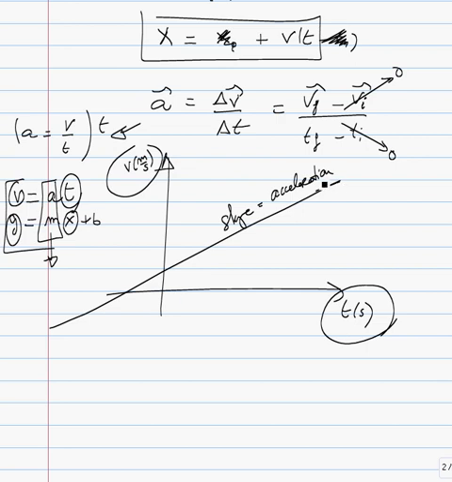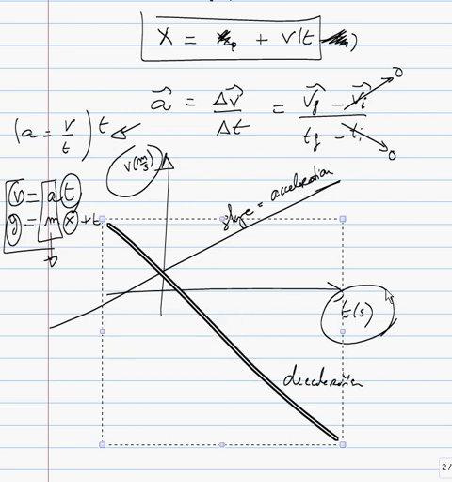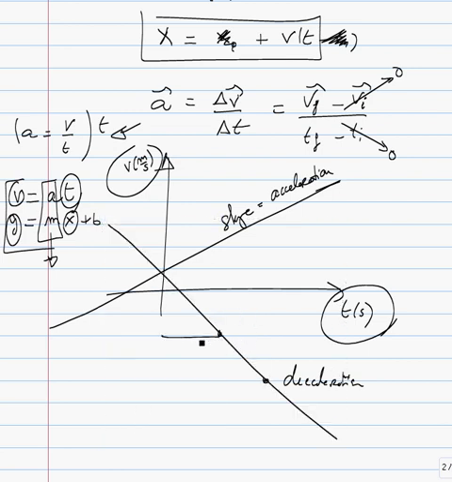If we have a positive slope, positive acceleration. If we have a negative slope, negative acceleration, which we call deceleration, which means we're going slower and slower and slower. Our velocity from this point to this point went from this value to this value. Therefore, we are decelerating. If the velocity goes from this value to this value, obviously it increases, and therefore we're accelerating.